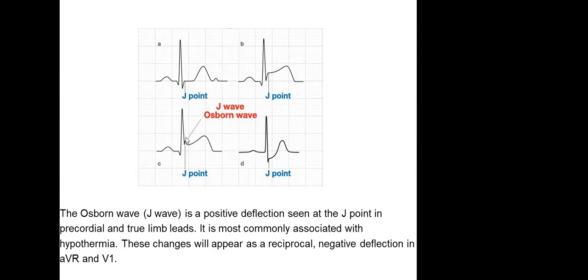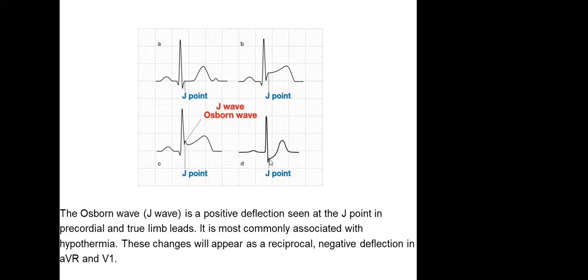And if you see, this positive deflection is called the J wave, which is seen at the J point. Whatever happens with ST elevation or ST depression, if we have a Q, R, S and then a positive deflection, this is the Osborn J wave.